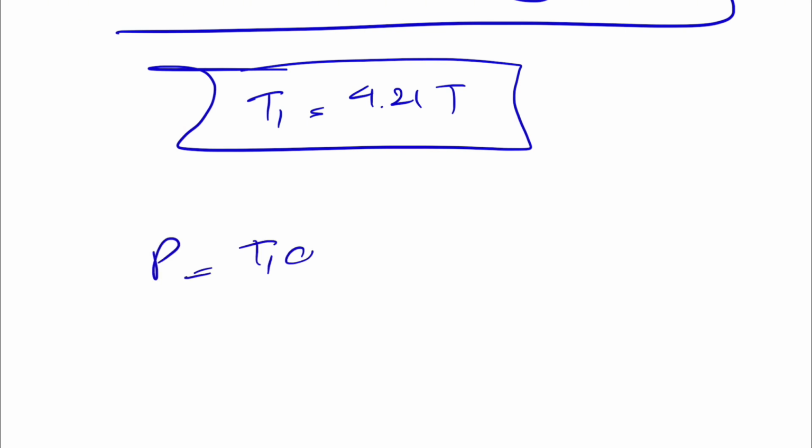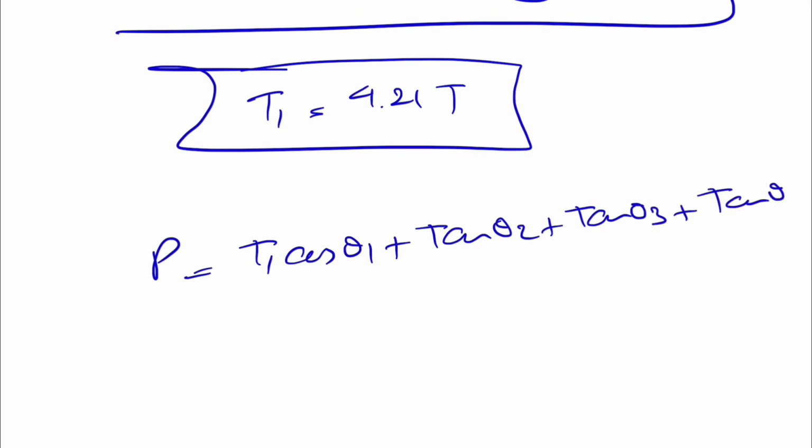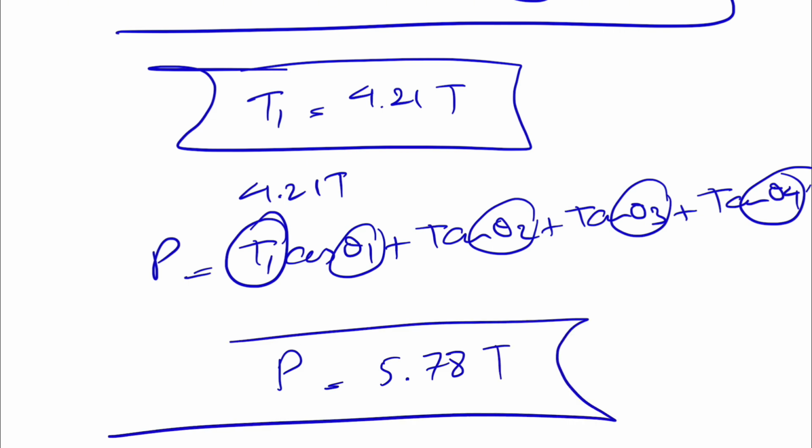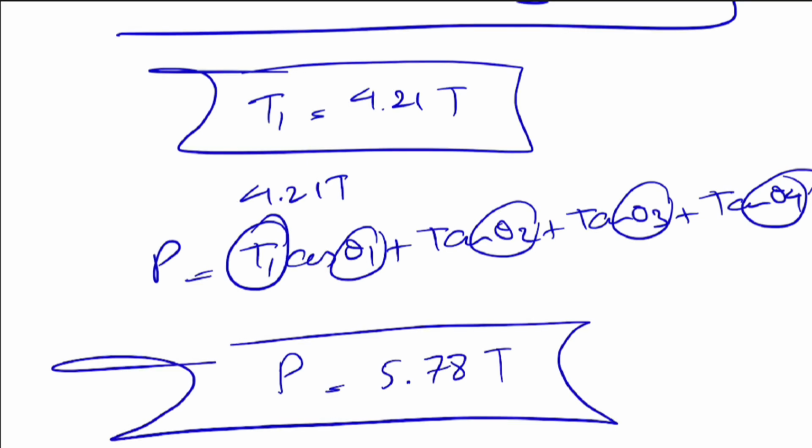We have t1 cosine of theta 1, we have t cosine of theta 2 plus t cosine of theta 3 plus t cosine of theta 4. Don't forget that the t1 in here is 4.21 t, and we just have to plug in again our theta 1, theta 2, theta 3, and theta 4, and if we do that, we'll get our p 5.78 times t, and that would be the second part of the question where we need to find the compression force P at point O.